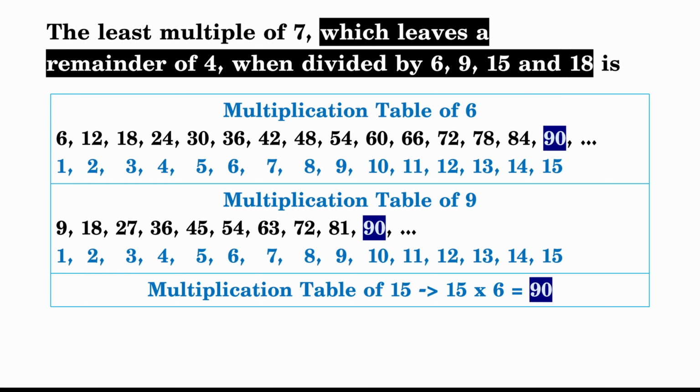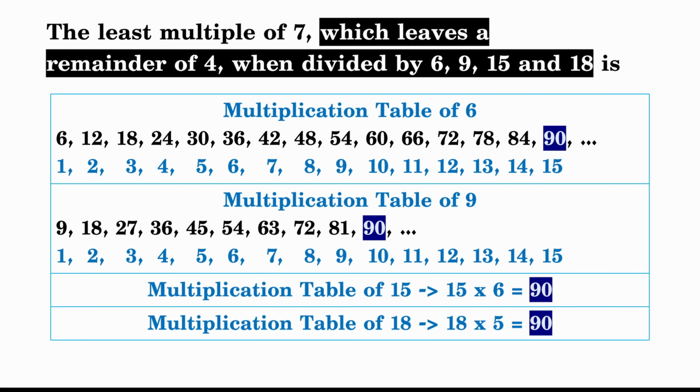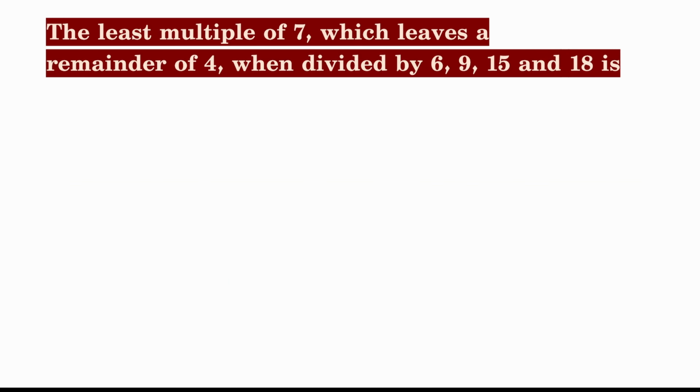For 15, 15 times 6 would be 90. 18 times 5 would be 90. So as you can see, the number that shows up in all of the tables of 6, 9, 15, and 18 is 90. The least, meaning the smallest number that comes up first in every table, is 90. So that is the least common multiple.